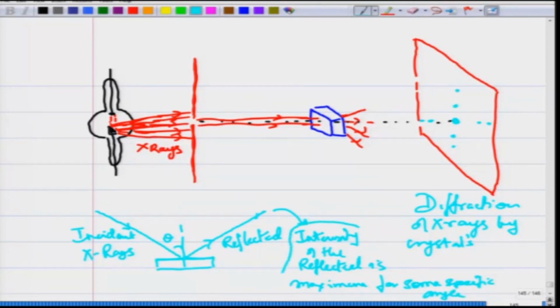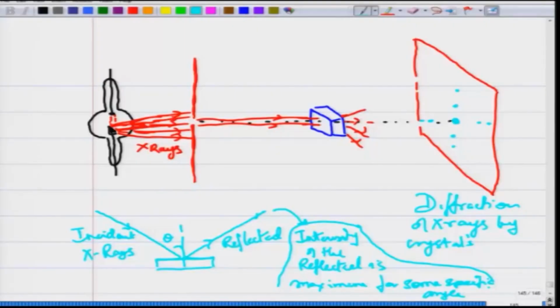At some specific angles, as you vary the angle of the incoming X-ray, which is falling and then getting reflected, you have a detector which is capturing the intensity of the reflected X-ray. For some particular angles of incidence, you will find that the intensity of the reflected X-ray becomes maximum.